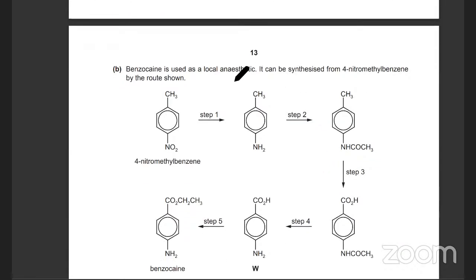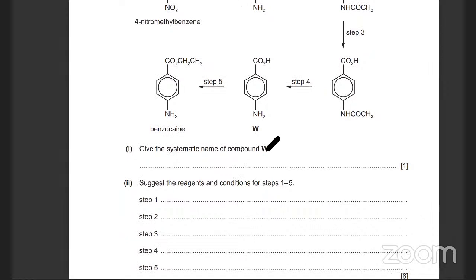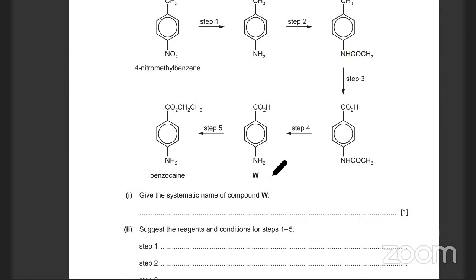Now, benzocaine is used as a local anesthetic. It can be synthesized from, so this is a reaction given. Give the systematic name of W. What's W? I said W is 4-aminobenzoic acid. Remember, NH2 becomes amino, so it's 4 amino benzoic acid.